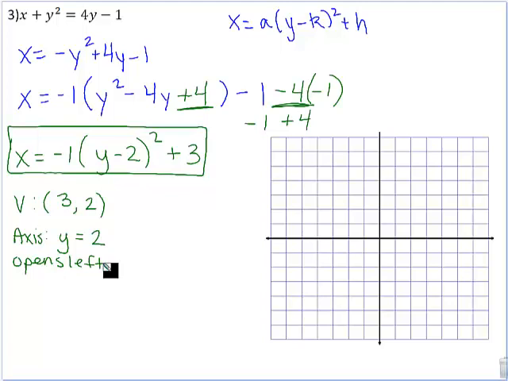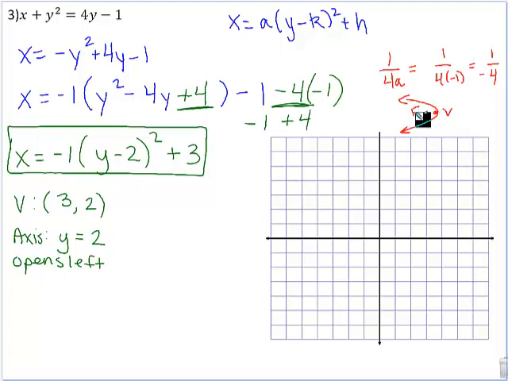Okay, so now we need to find the 1 over 4a in order to figure out where our focus and directrix are. So what's our a value here? Negative 1. So 1 over 4 times negative 1 gives you negative 1/4. Now let's think about this. We're opening left. So there's the vertex. The focus should be inside.